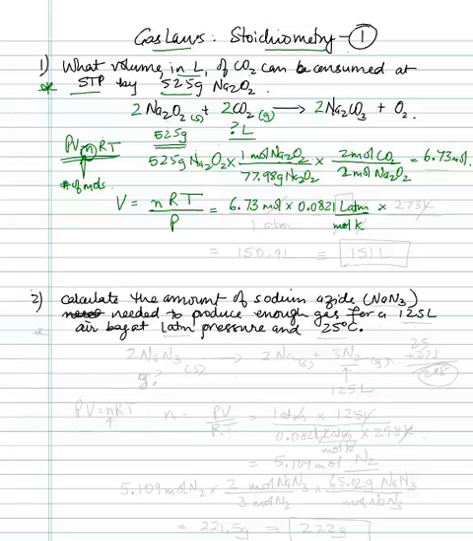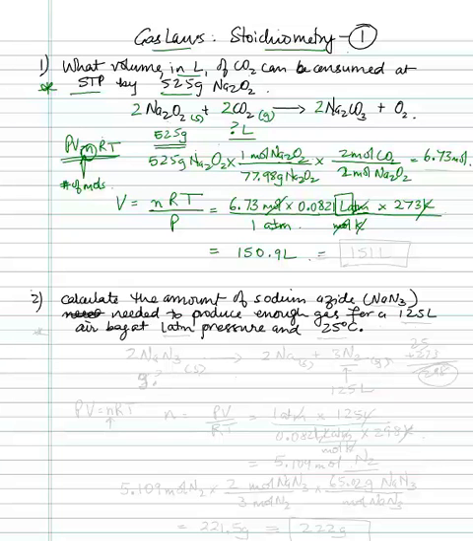Temperature is 273 Kelvin, and then all of this is divided by pressure, which is 1 atmosphere, but we should still write it out, even though we're not going to put that in our calculator. Cross out the units. Atmosphere, atmosphere, mole, mole, Kelvin, Kelvin is gone. We're left with liters over here. Our final answer for this one is 150.9 liters.